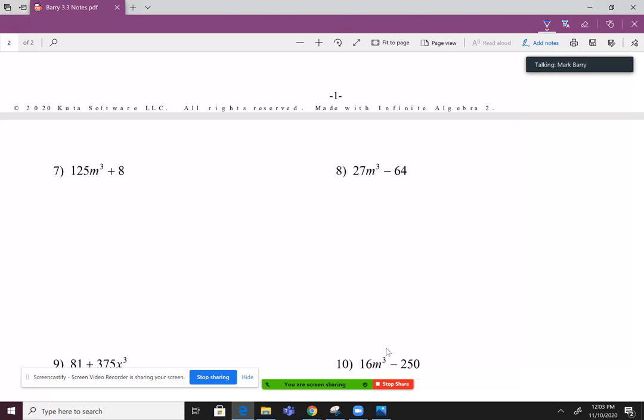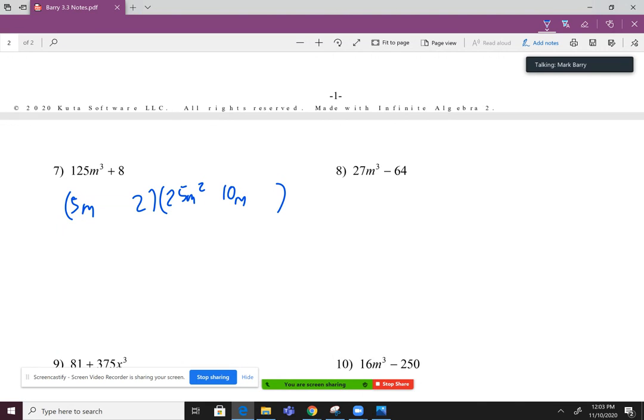Okay, let's test this out. So number 7, my small parentheses, I got 5m and 2. So then my big parentheses, I do 5m times 5m is 25m squared. And then I do 5m times 2, that's 10m.